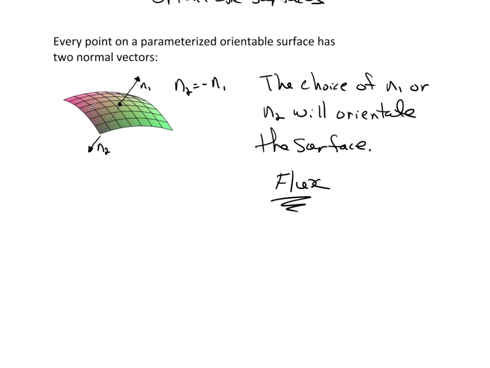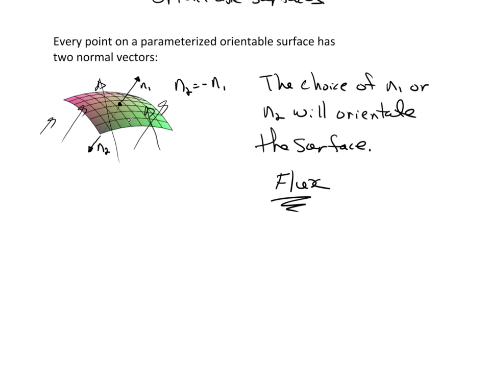So if this surface is some type of membrane that has no mass to it, and I have a vector field that is flowing in this direction, or possibly slightly in another direction, but it's passing through this surface, I can use the idea of flux, the idea of a surface integral, to measure how much of this stuff, for lack of a better term right now, is actually going through this surface.